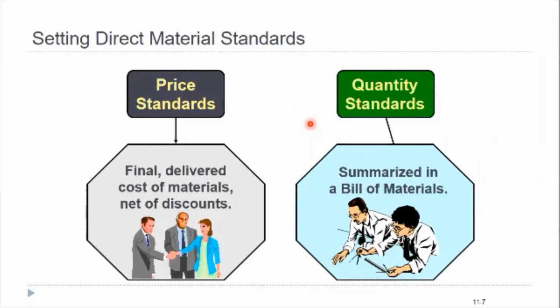It's setting direct material standards. Like I said, we had price standards and quantity standards. The price standards would be set by the purchasing manager who purchased the raw material. He will check around and get an idea of what the raw materials cost after discounts, and he will set the price standard.